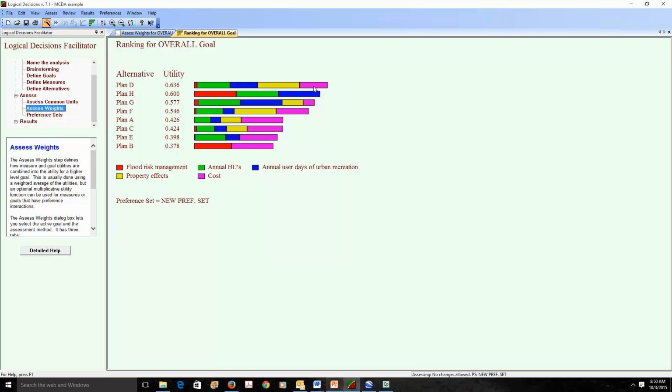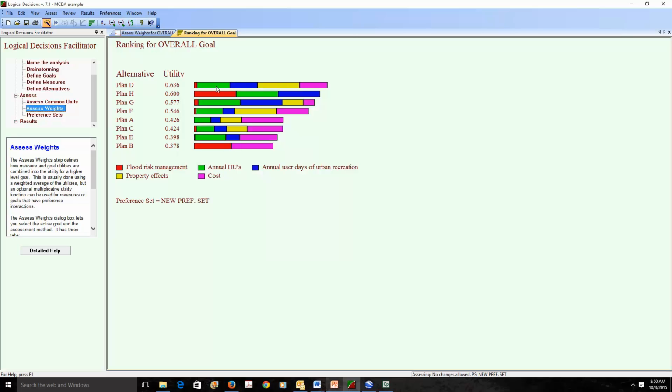The bars here show you visually which plan is most effective. And the nice thing about this is it's color coded. So I can see Plan D here. This little red bar, not so big. Plan D really doesn't do so much on flood risk management. We've got property effects, it does a good job, really helps the property owners there.